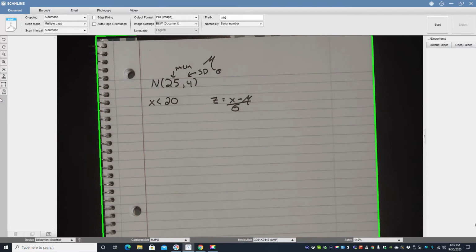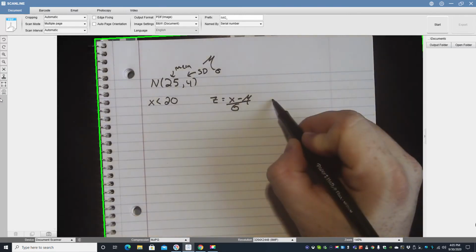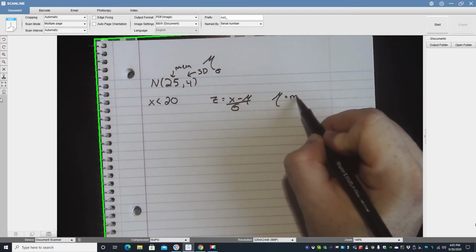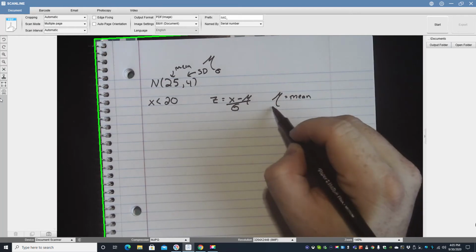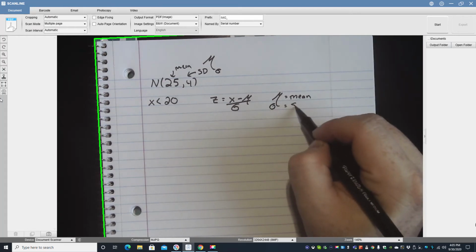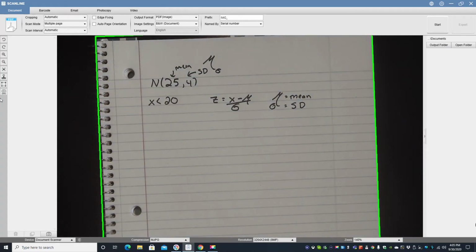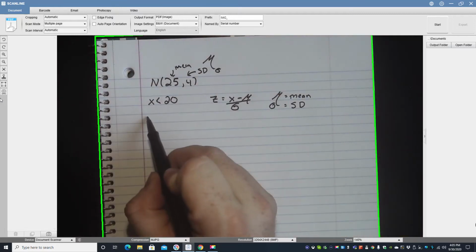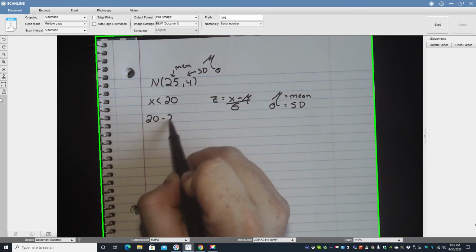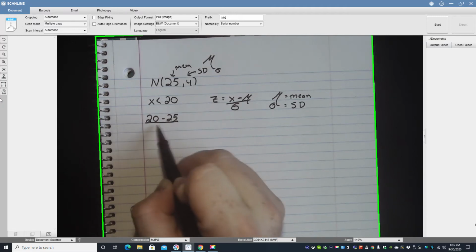So the mean, again, remember, is the mu, and the sigma is the standard deviation. So if I want to find x is less than 20, all I have to do is 20 minus 25 divided by 4.